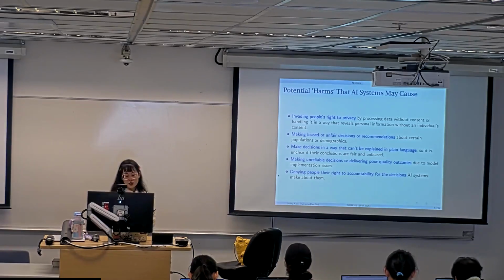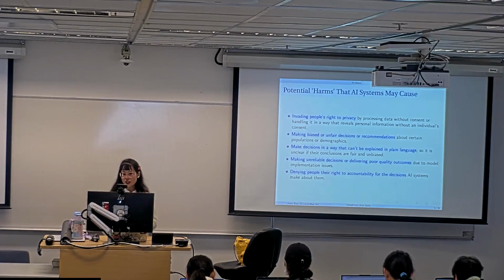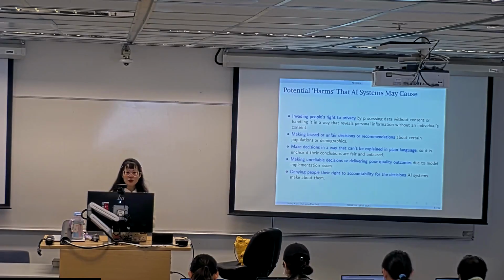And then the last possible harm is denying people their right to accountability for the decisions AI systems make about them. This is also related to transparency and explainability. If people can't explain what happens in an AI model, why the AI reaches some decisions, basically this is denying people's right to accountability, even though they are affected by the decisions made by AI.